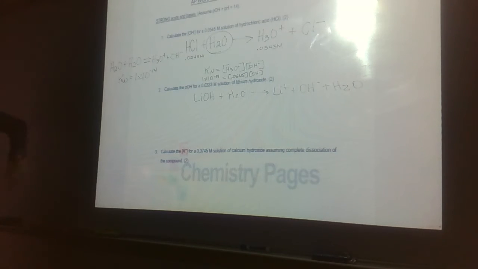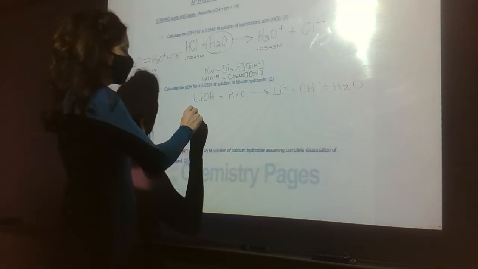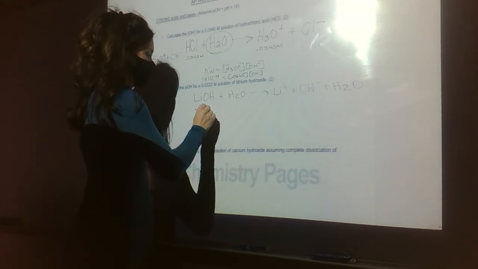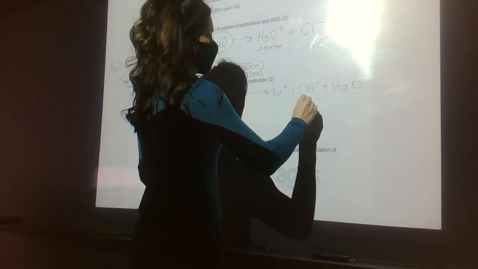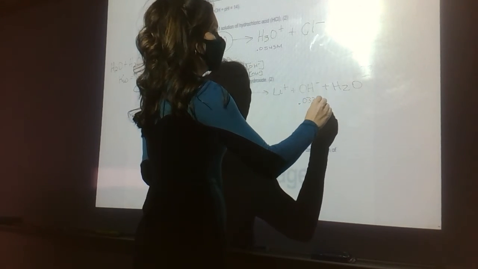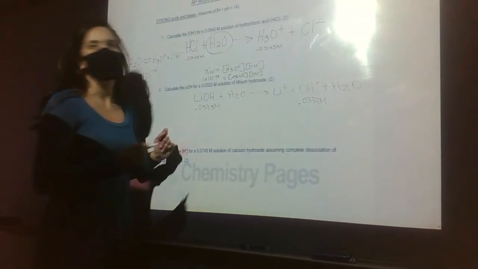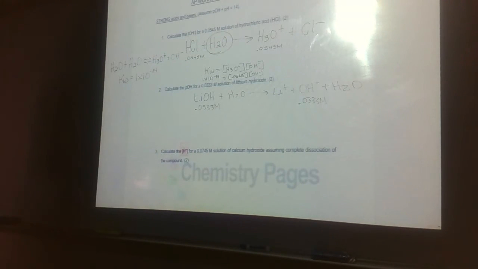So now, if I have that this is 0.0333, then this is 0.0333, 1-to-1-to-1. I can find the pOH, negative log of that. Negative log of hydroxide concentration is the pOH. Questions?